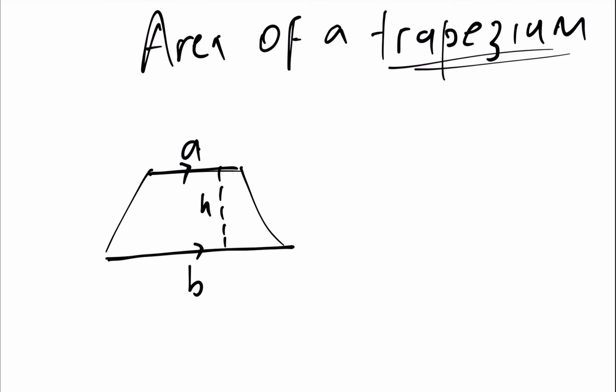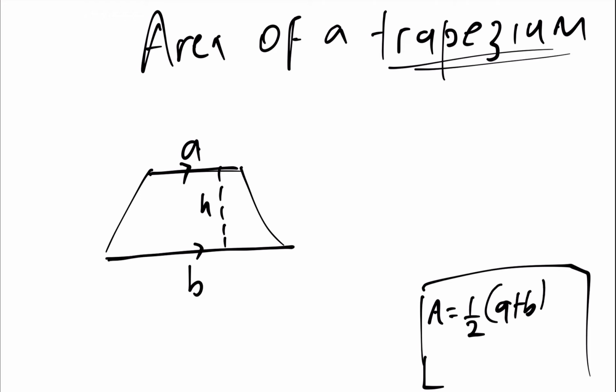I'm not deriving the formula, but I'll write it down so that we can use it. The area of the trapezium will be half A plus B, times H. A will be this side, B will be this side, and H will be the perpendicular height.